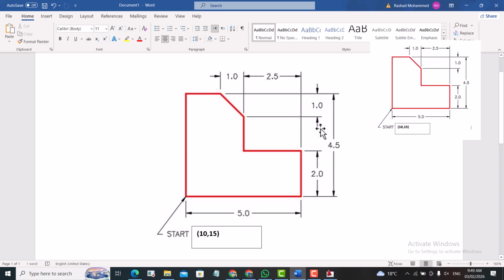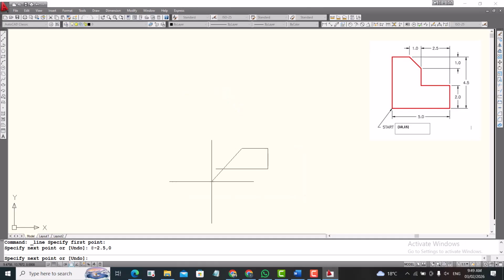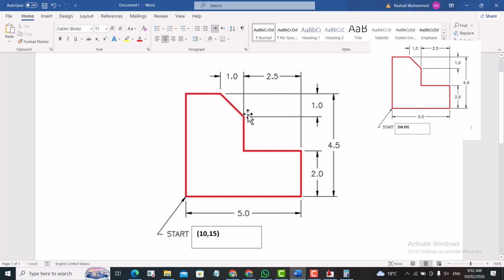So 4.5 minus 3, it will be 1.5 goes upward. So come to here again, shift @0,1.5. Enter. Good. Again, you see 1 unit goes to the side and 1 unit in negative X direction.